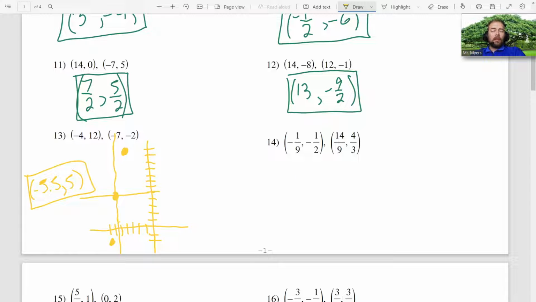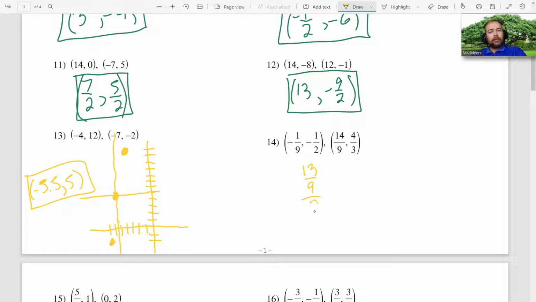But it doesn't work well if you have crazy numbers, like crazy fractions or crazy decimals or large numbers. Anything real big. So basically small integers is what you're looking for this method to work well. And I'm not even going to try it on 14 because those are exactly what I'm talking about. It's crazy fractions. So let's look at this. So -1/9 plus 14/9. I'm going to be subtracting it, 13/9.